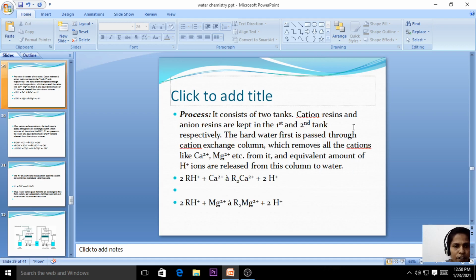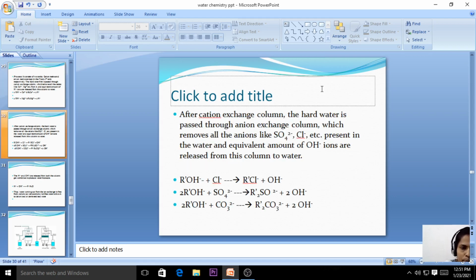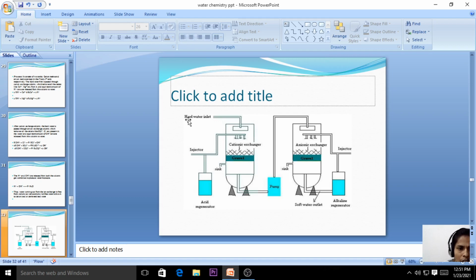The hard water is first passed through the cation exchange column, which removes all the cations like Ca2+ and Mg2+ ions. Then an equivalent amount of H+ ions is released from the column to the water. So when the hard water is passing through the cation exchange resin, what is the cation exchange resin?